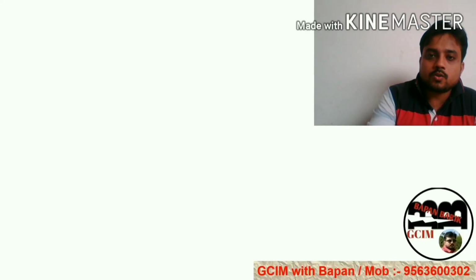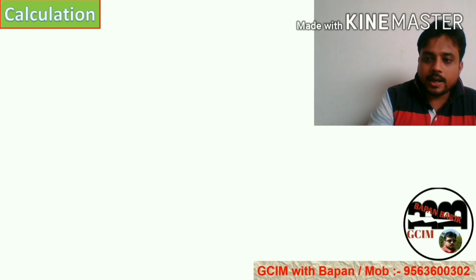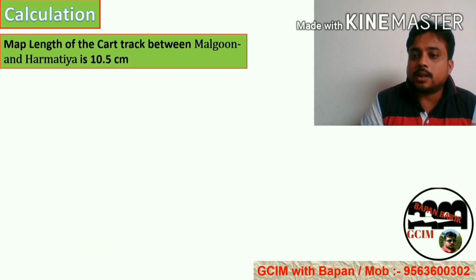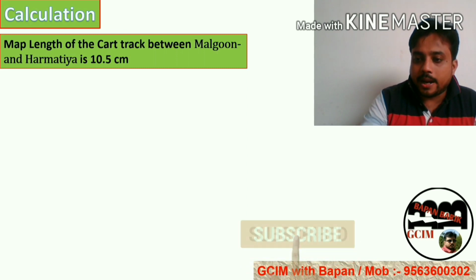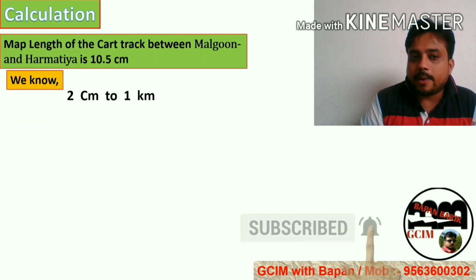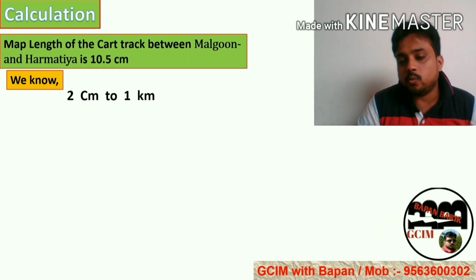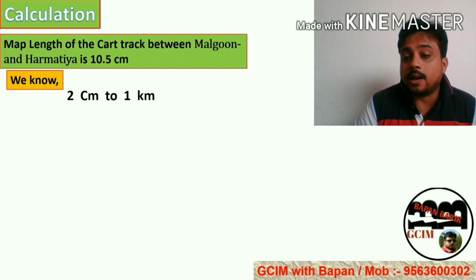Now viewers, I will show you how to do the calculation. At first I have to take the map length of the cart track which we have got from the map, and it is 10.5 centimeter, and it is on your screen. And we know the statement scale of the map. The statement scale of the map is 2 centimeter to 1 kilometer, and by this statement scale we have to do the calculation, and we have to find out the actual distance between Malgaon and Harmatia.